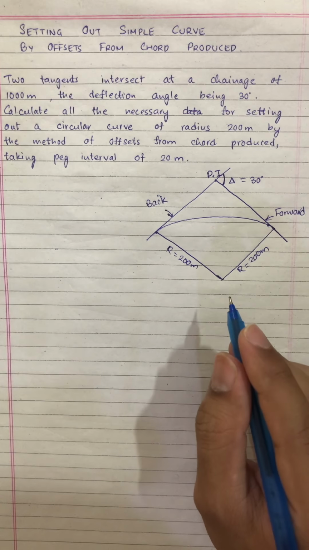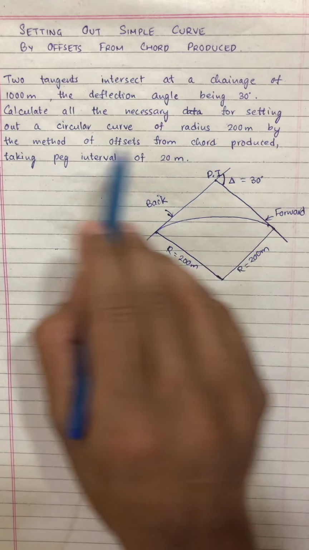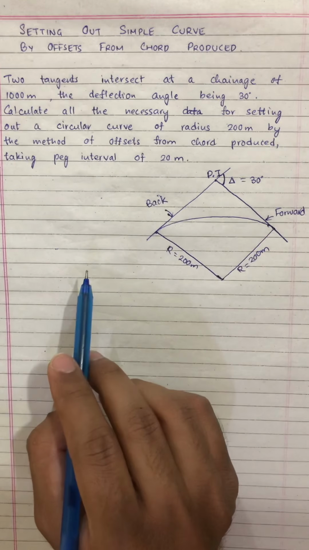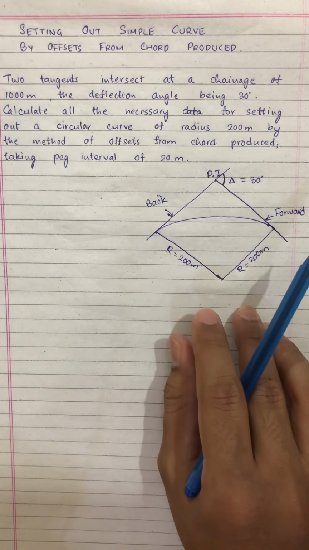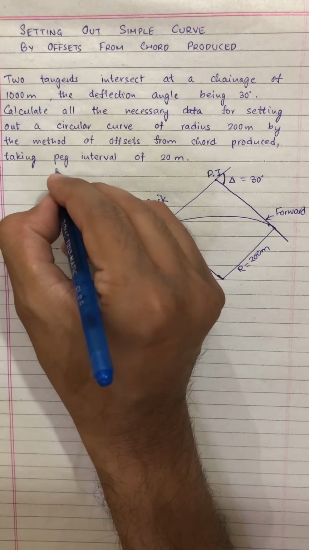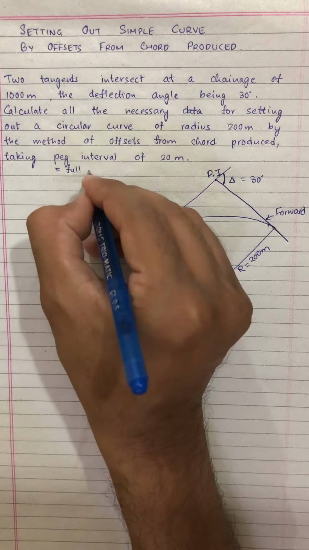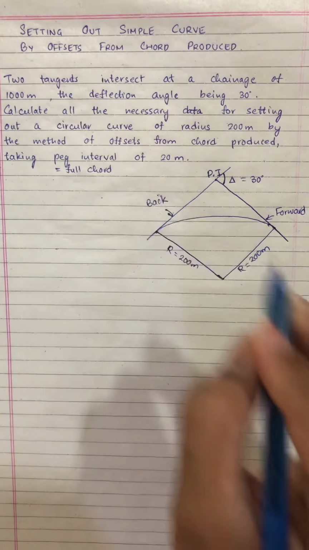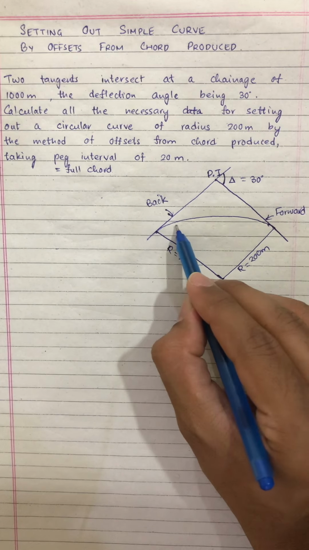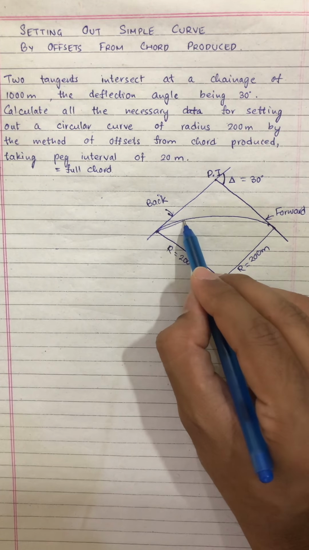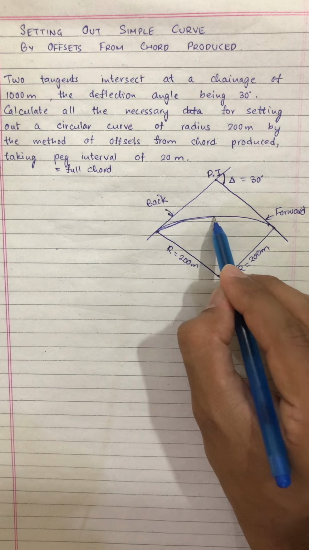By the method of offsets from chord produced, taking peg interval of 20 meters. Here peg interval means it is equal to the full chord length. Like for example, these chords will be taken.